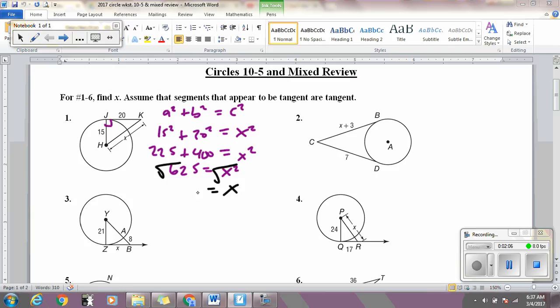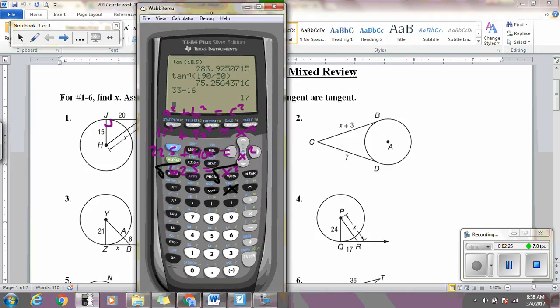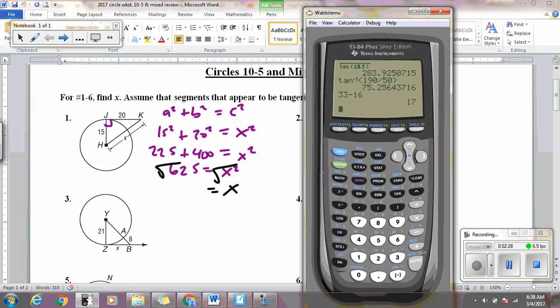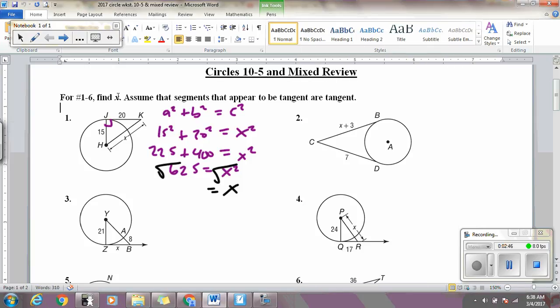So x is equal to the square root of 625, which I believe is 25. But let me double check. Yes. Alrighty. So x is 25.